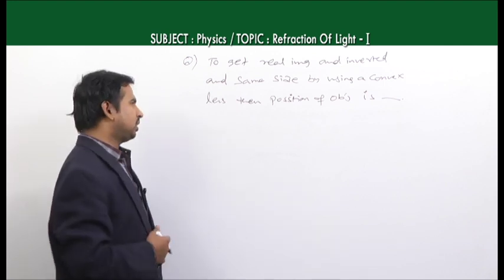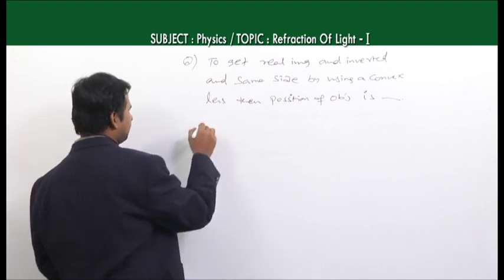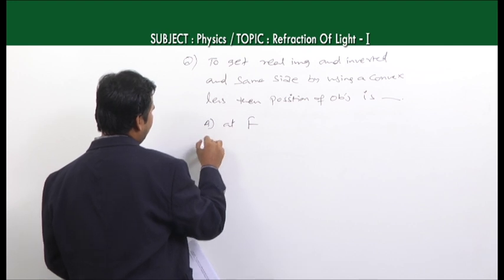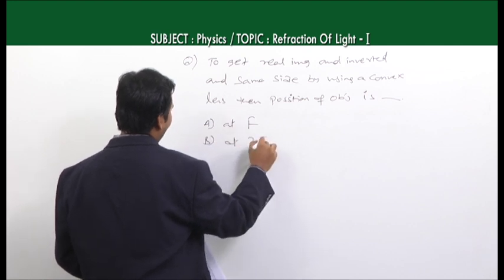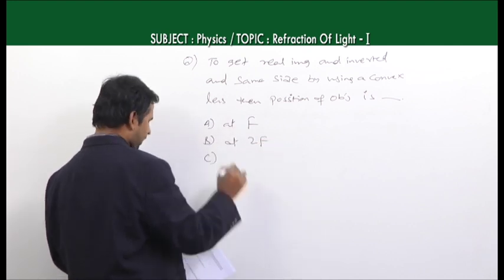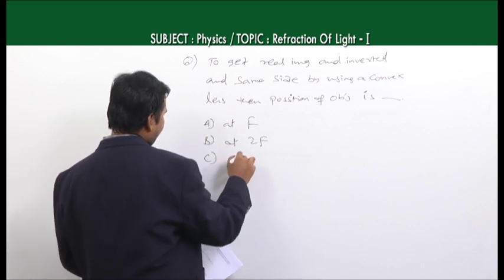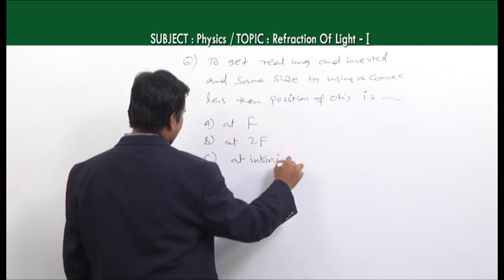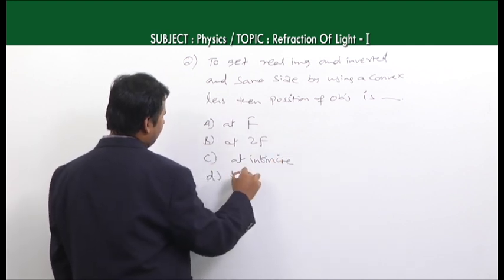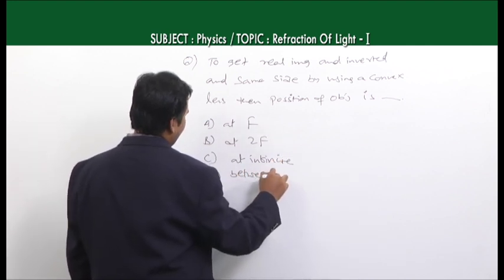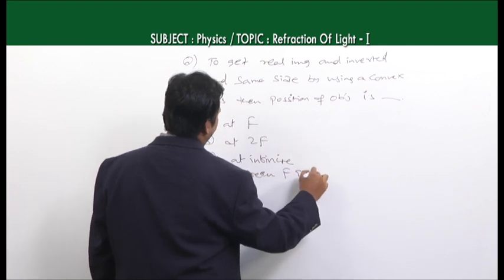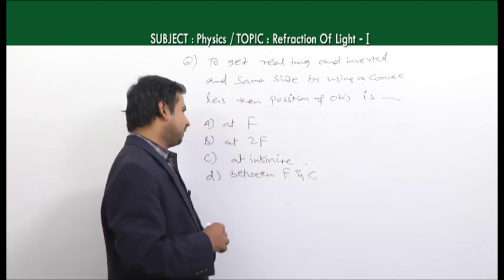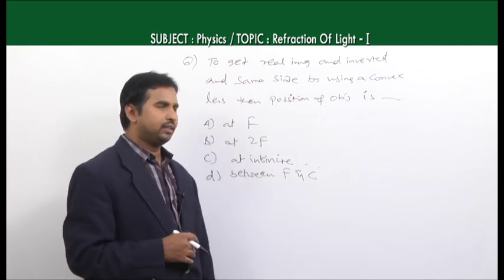The given options are: option A, at focus; B, at 2f, twice the focal length; C, at infinity; and D, between f and c. These are the given options: at f, at 2f, at infinity, between f and c.